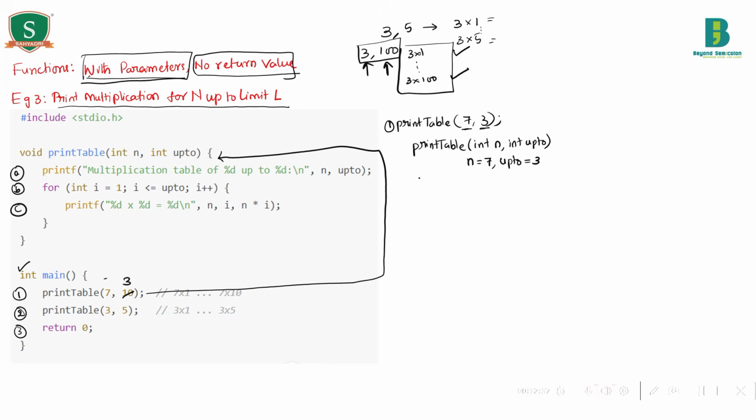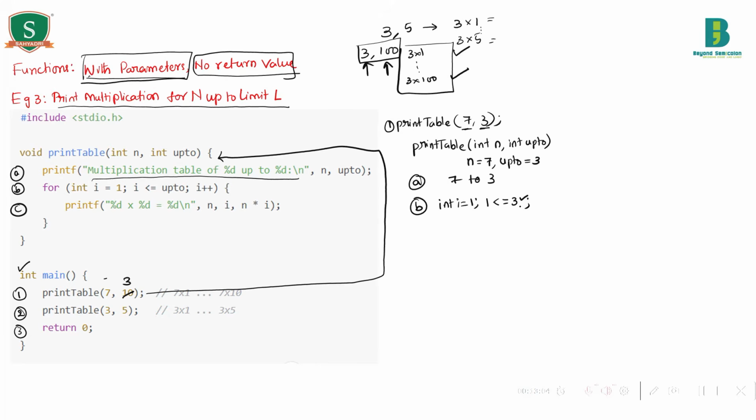Now the A statement is just the heading of the multiplication table from 7 to 3, so that is fine. Look at the B statement. The B statement is the most important part of the tracing, it's a for loop. Int i is equal to 1, we are initializing the i value to 1. Is i less than or equal to 3?